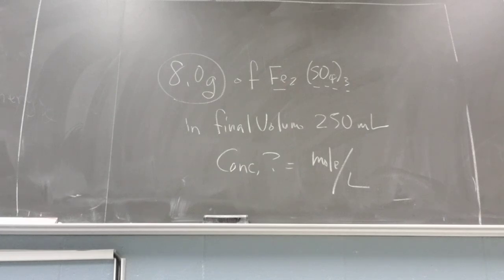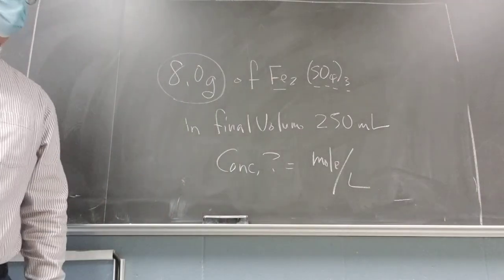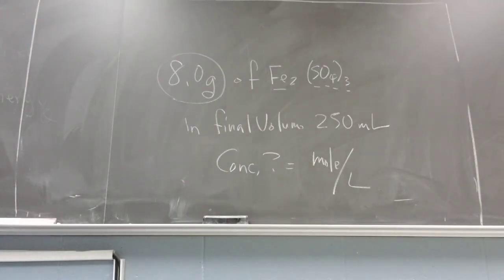If you look at the periodic table, if you don't see it, I'll read it for you. So iron is 55.845. Sulfur is 32. Oxygen is... Okay, maybe 1 or 2 minutes we'll do this together.